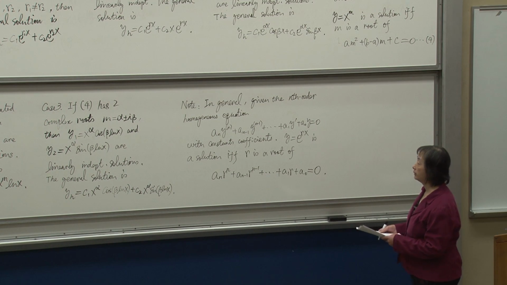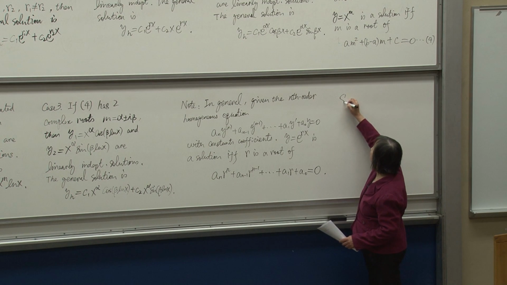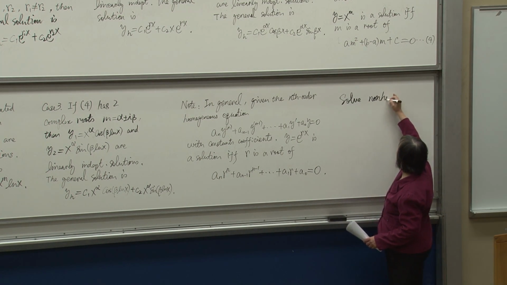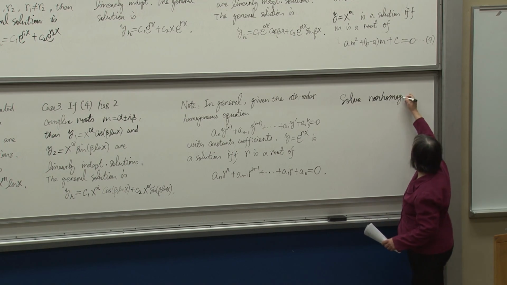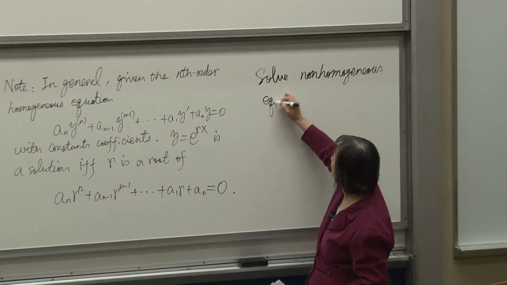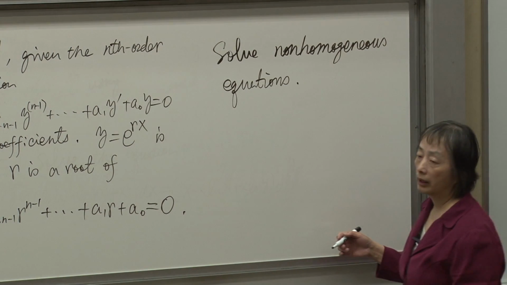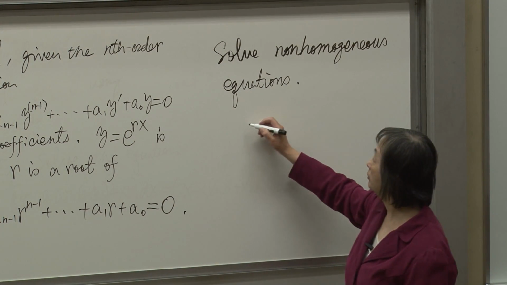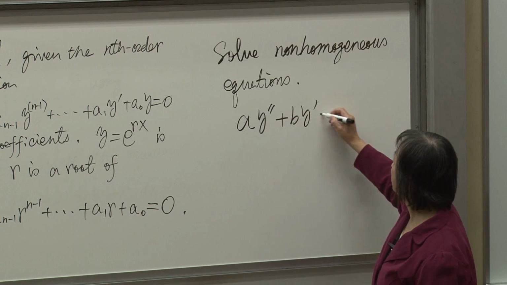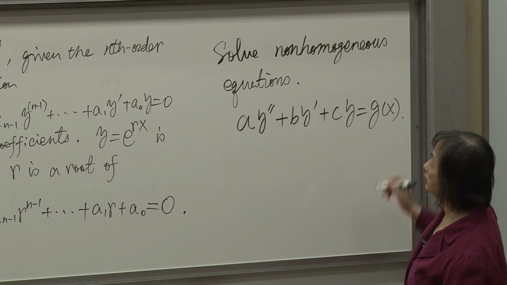Now, let's think about non-homogeneous equations. So we solve second order non-homogeneous equations: a y double prime plus b y prime plus c y equal to g of x.